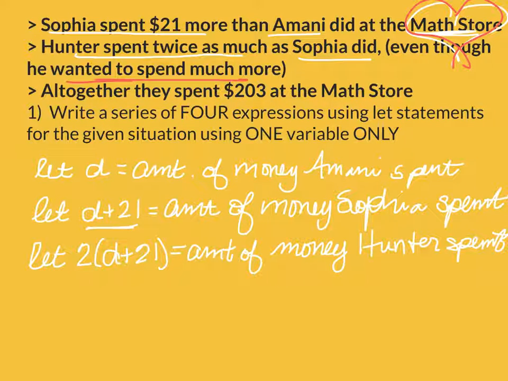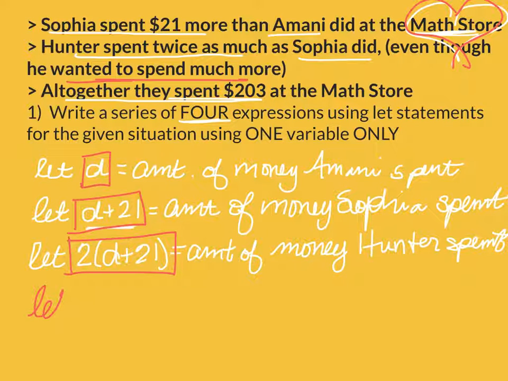So, we know we're writing 4 expressions, and we've also been given this other information about how much they spent altogether. So, that tells us that our last expression is going to be to find the total of all of these expressions.